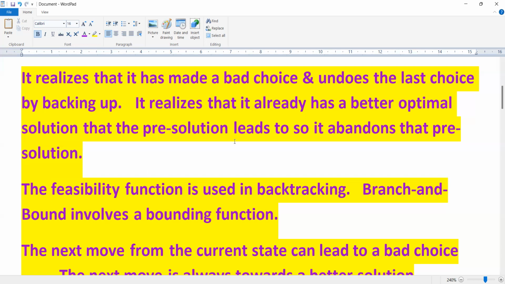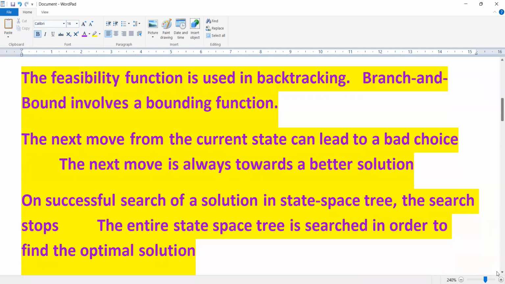The feasibility function is used in backtracking, and branch and bound involves a bounding function.